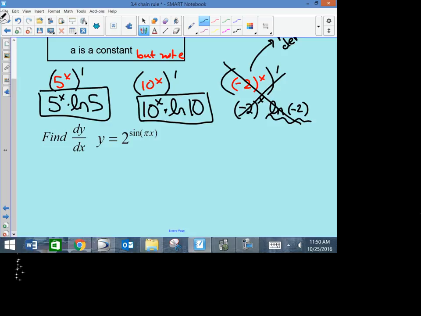Okay, so y equals 2 to the sine of pi x. All right, when you've got your chain figured out, let me know by raising your hand.